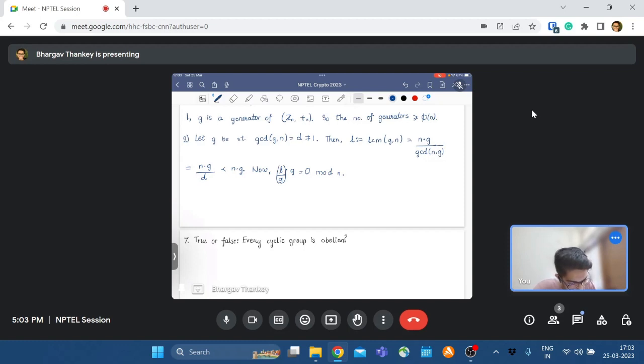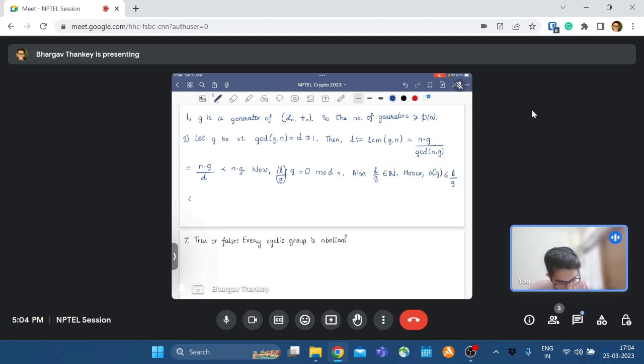Hence, also the order of G is less than or equal to L over G. In fact, it would be exactly this. Now over here we saw that L is strictly less than N times G, right?